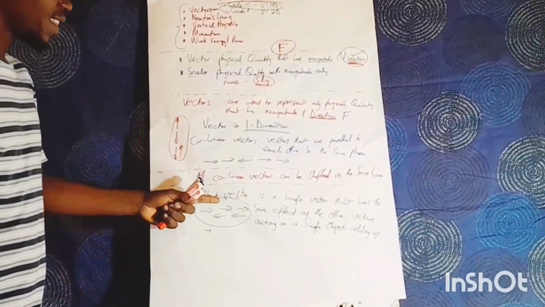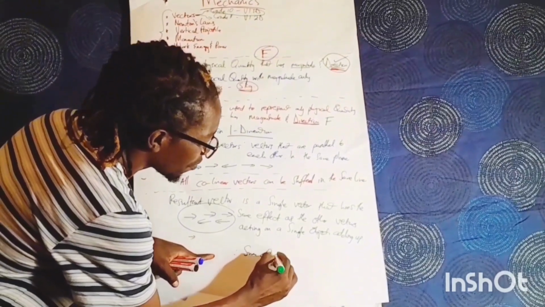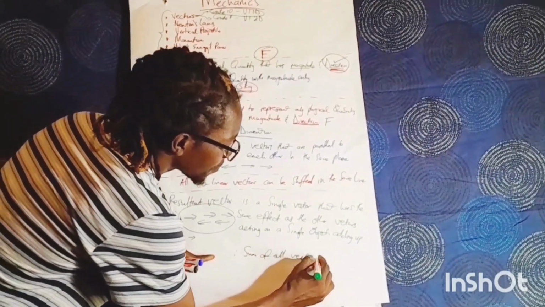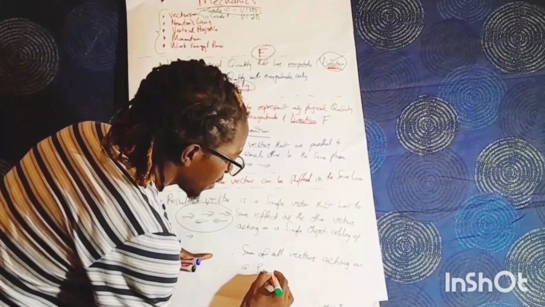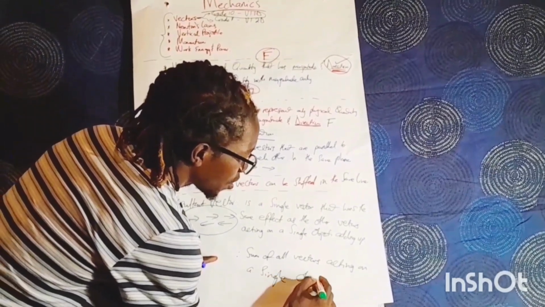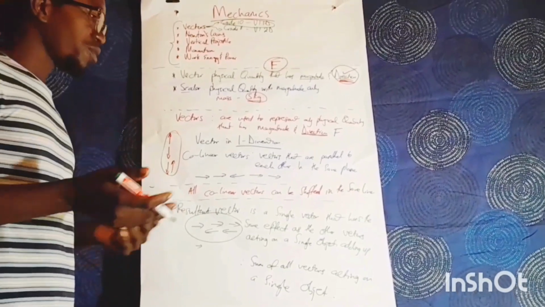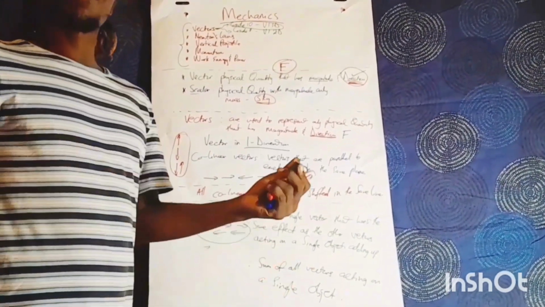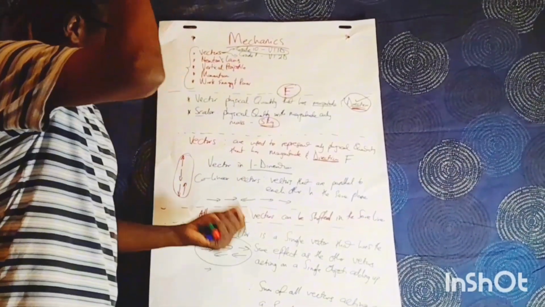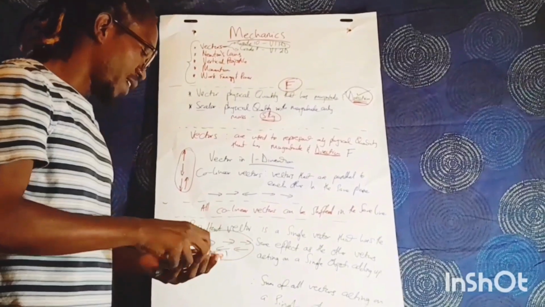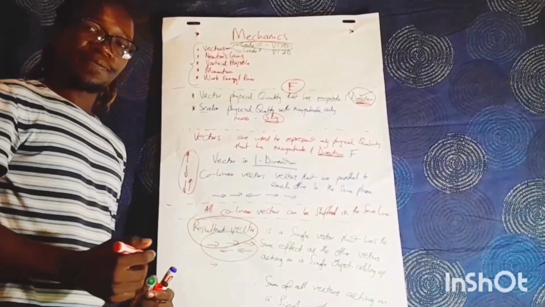Or we can simplify this meaning by saying resultant vector is the sum of all vectors acting on a single object, right? At this moment you may be a bit confused like how is this going to work, but I'm going to show you how this is going to work, so just bear with me so that you can find the resultant vector, right?